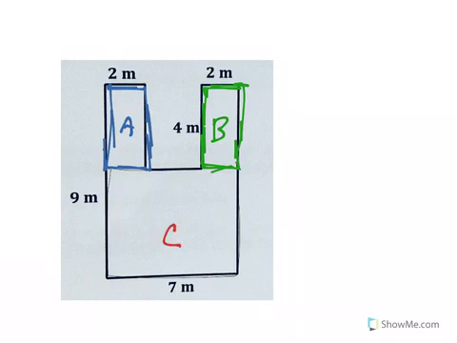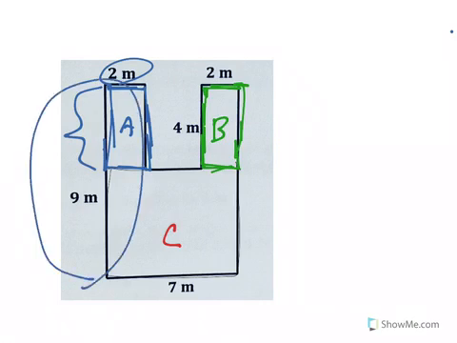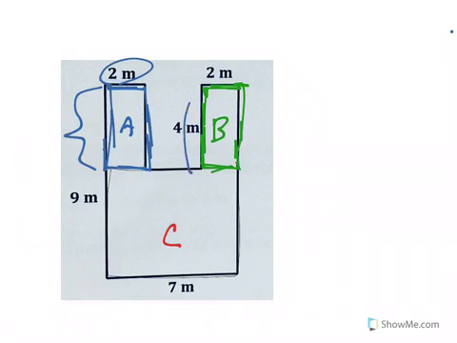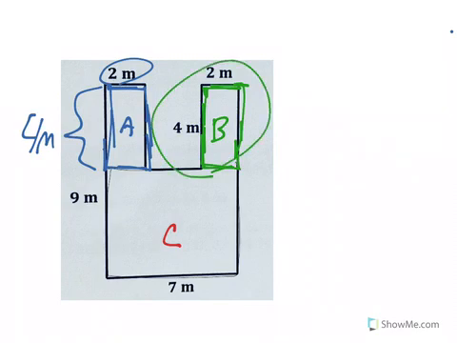So let's look at shape A to begin with. So we know this is 2, and then we want to know what this side would be. Well, if this whole thing is 9, and then this side is 4, well, these are the same, so that would be 4 meters. On shape B, they already have both listed for us, so that's good.